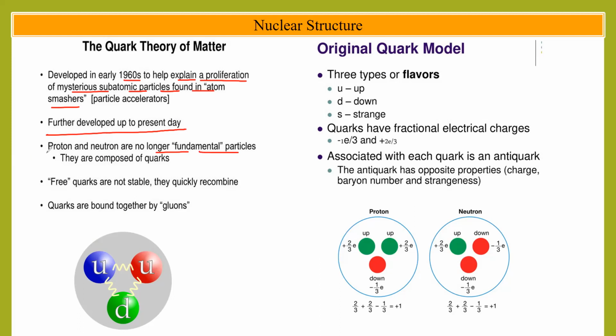Initially it was considered that protons and neutrons are the fundamental particles of the atom, but according to quark theory, protons and neutrons are no longer fundamental particles. They are composed of quarks. Quarks are subatomic particles. Free quarks are not stable, they quickly recombine. Quarks are bound together by gluons.